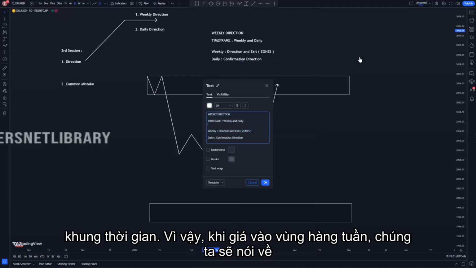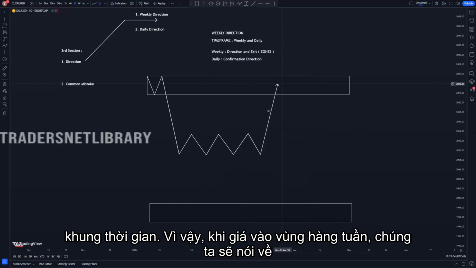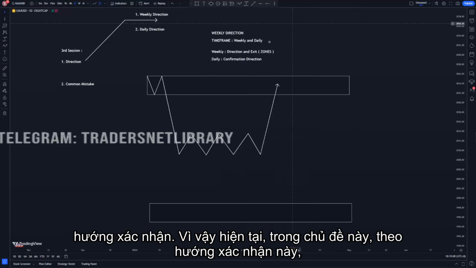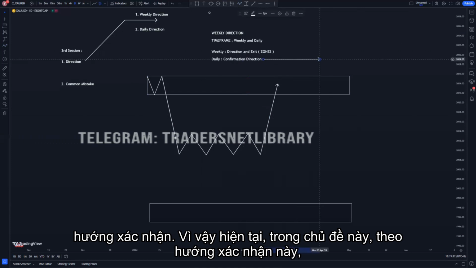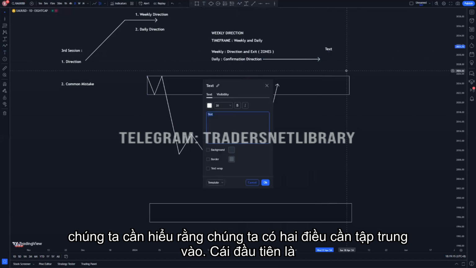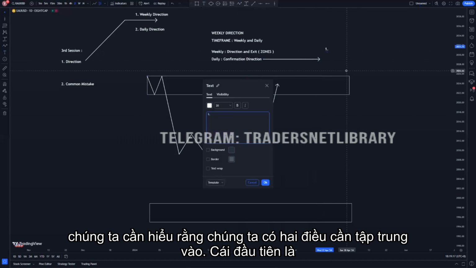In this confirmation direction, we have 2 things that we need to focus on.